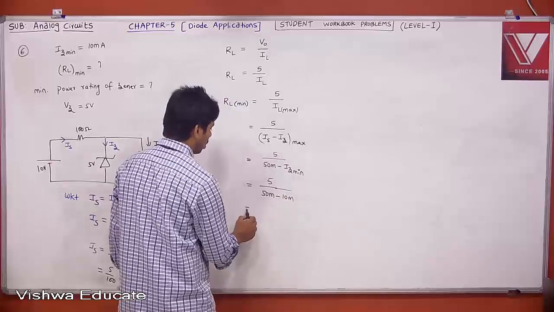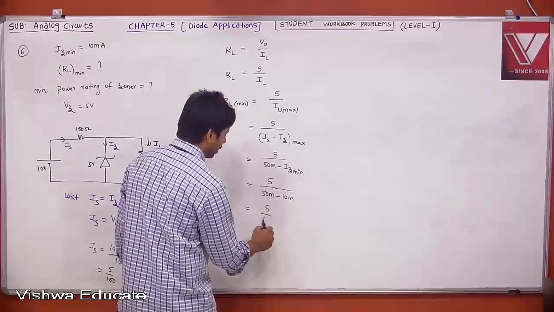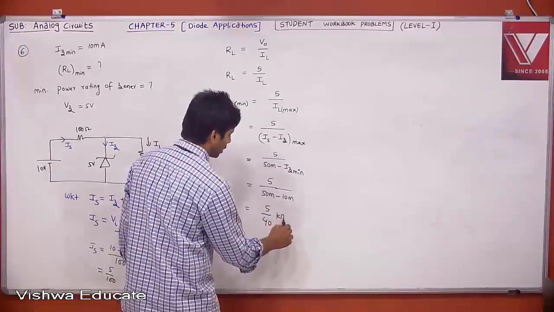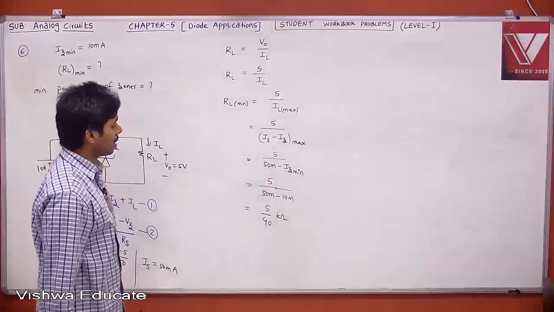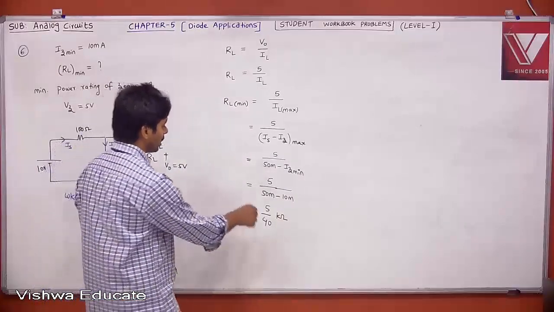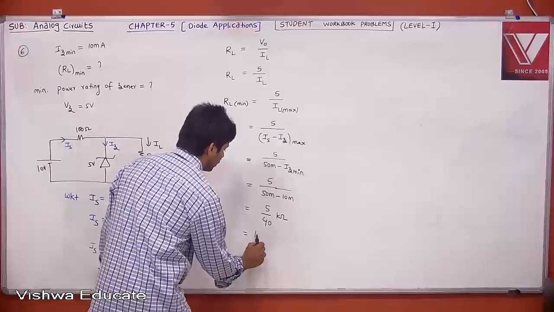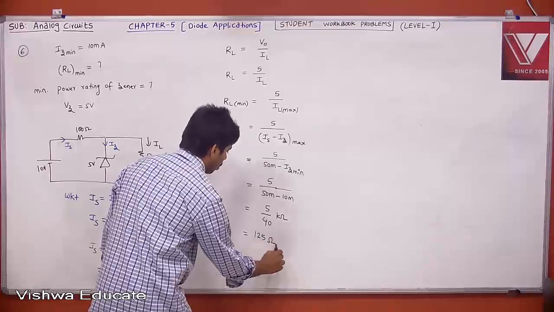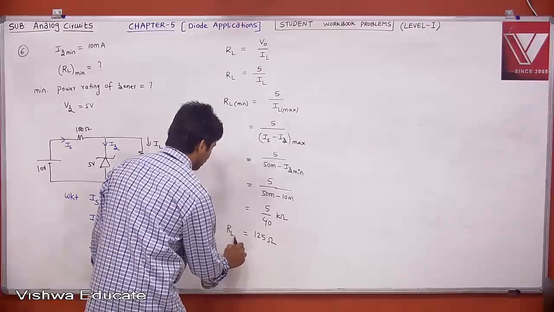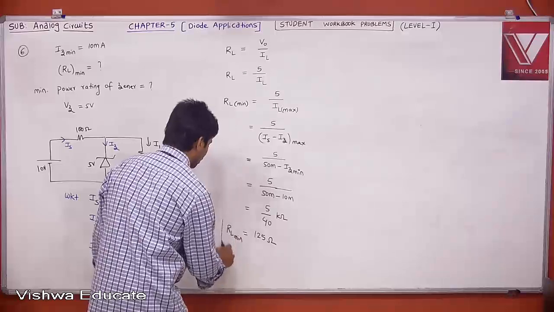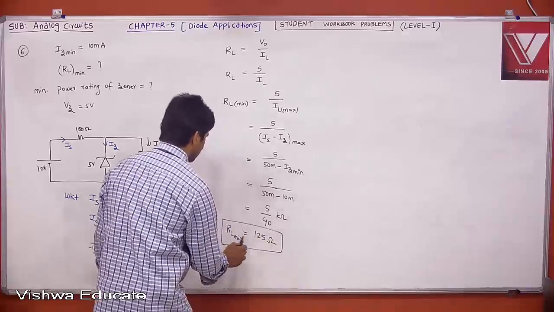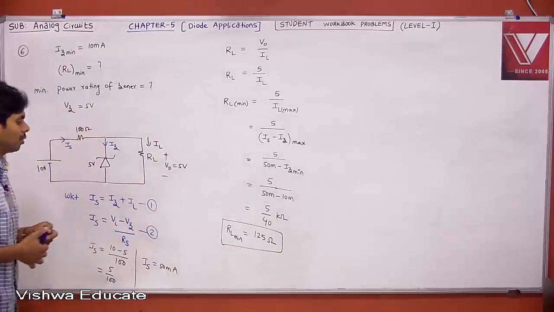Then 50 milli minus 10 milli, 40 milli. Therefore, 5 divided by 40, that milli is becoming kilo ohm. Therefore, what is this? 5 divided by 40, which is nothing but 0.125 kilo ohm, which is 125 ohm. Therefore, this is your RL minimum, the minimum load value such that you will get regulation operation. That is your 125 ohm.